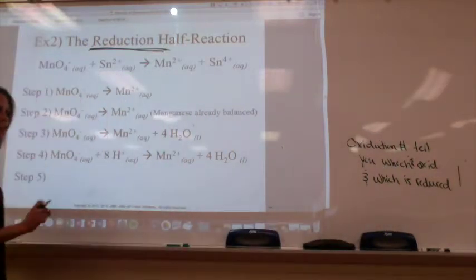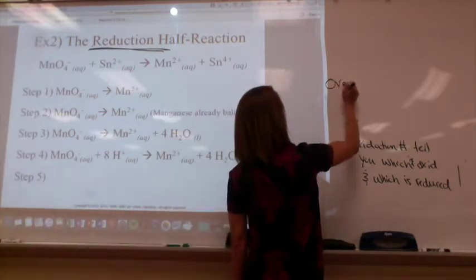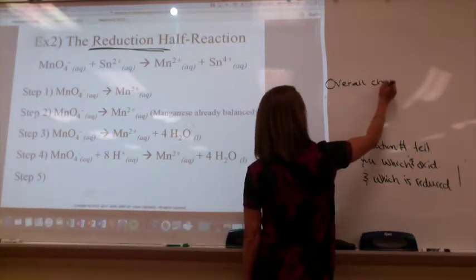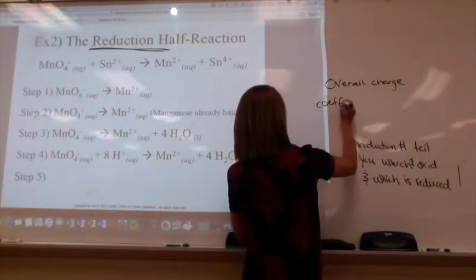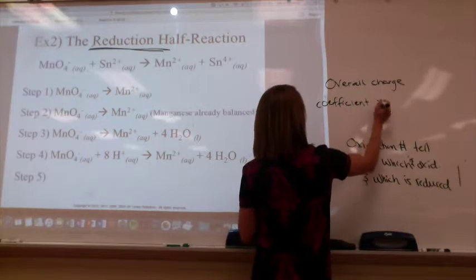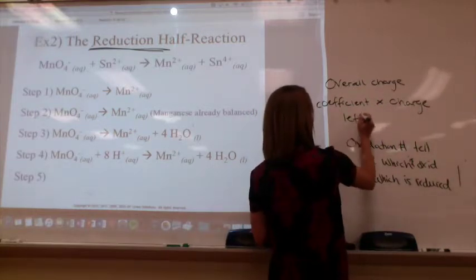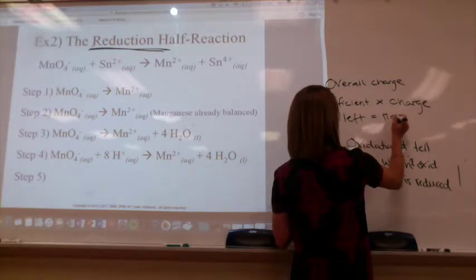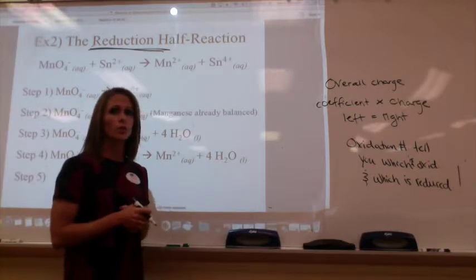When you need to check charge, you don't look at oxidation numbers. When you want to know your overall charge on the left and the right, you take the coefficient and multiply it by the charge. Then your left side must equal your right side. That's how you check for overall charge.